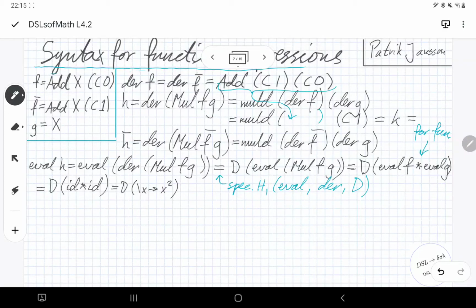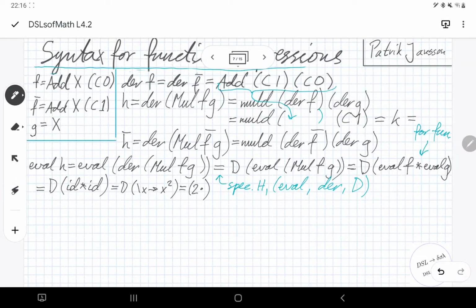And we may remember that the derivative of x squared, we can compute it, so we can even write it here. It's just 2 times x. So what we've computed here is that if we evaluate h, we will get the function that multiplies its argument by 2.